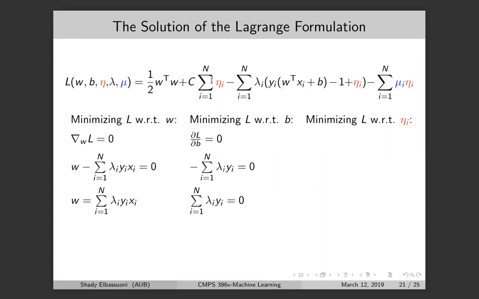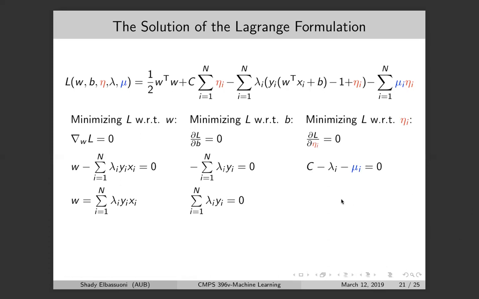I have C minus mu minus lambda I minus mu I, right? C minus lambda I minus mu I is equal to 0. So that tells you the following: the summation of every Lagrange multiplier lambda and mu is going to be equal to C for every data point that I have.